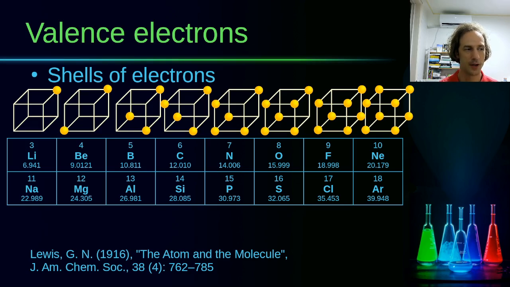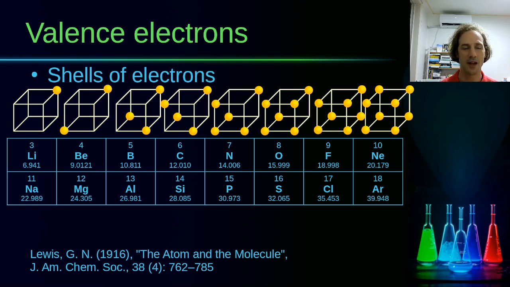So if we go from lithium to neon, we are filling up 1 valence shell, and when we go to sodium, we open a new valence shell. So this is why lithium and sodium have the same number of valence electrons.